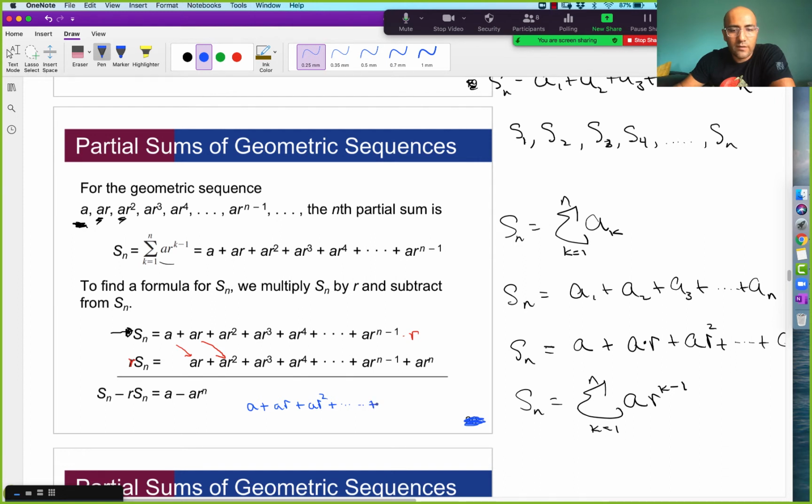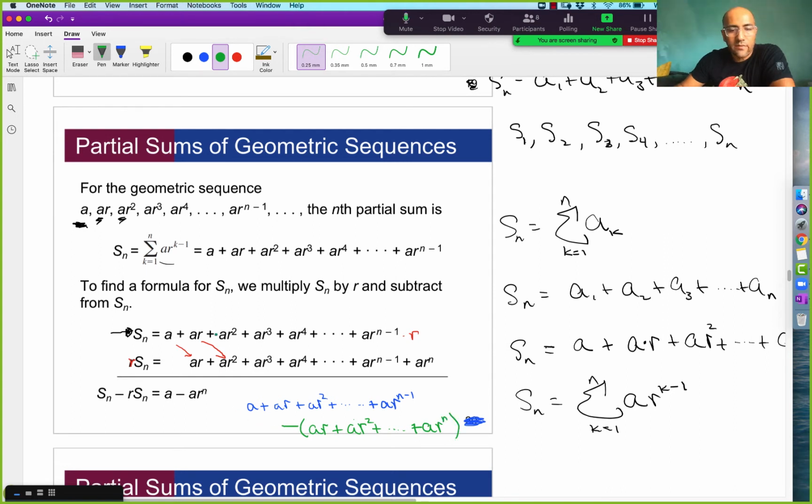And the last one is A r to the n minus 1 power. So I take all of those, and from those I subtract all of these. Well, then that's A r plus A r squared plus dot, and the last one is A r to the nth power.